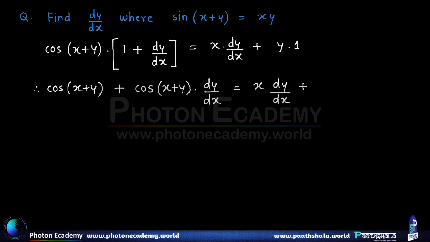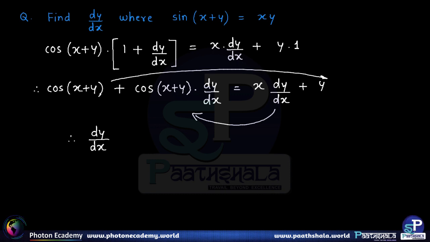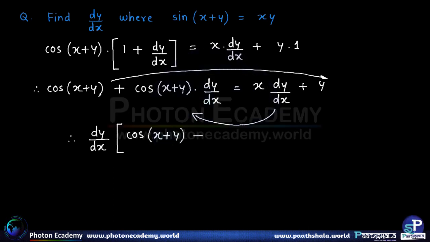Taking the dy by dx terms on the left hand side so that we can collect all the dy by dx terms, and taking the cos term to the right hand side by subtracting. On the left hand side we take dy by dx common, and what remains inside the bracket is cos of (x plus y) minus x, isn't it, is equal to, on the right hand side, y minus cos of (x plus y).